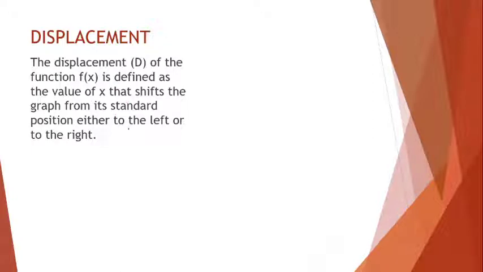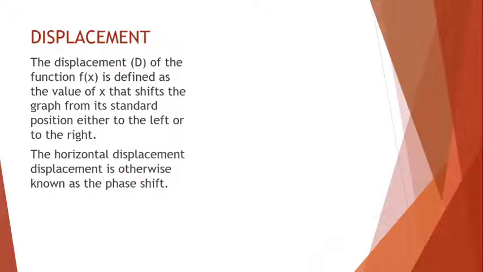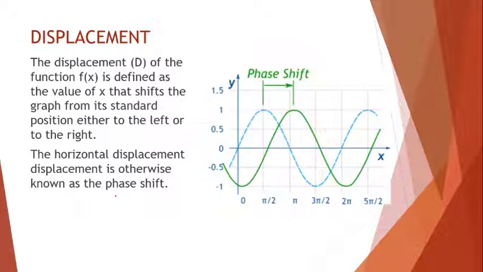It is either to the left or to the right. The horizontal displacement is otherwise known as the phase shift. So now, you are seeing the two graphs. With the phase shift, it moved from here to here. For example, function 1 is sine of x, and this other one is cosine of x. You notice that one starts here and goes up, and the other starts from below and goes up as well. That's all there is to it.